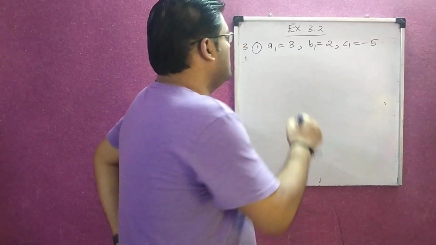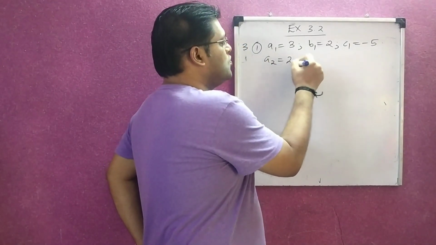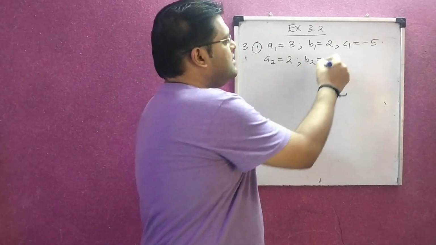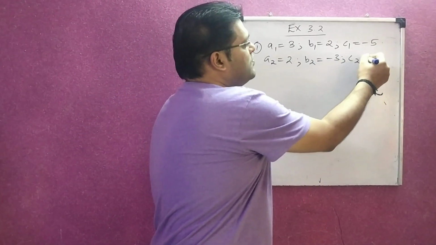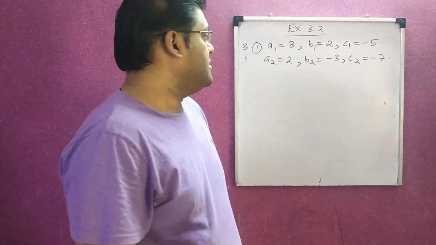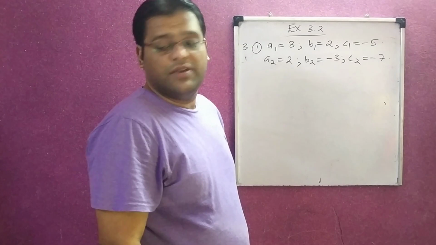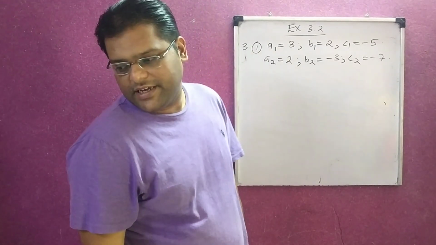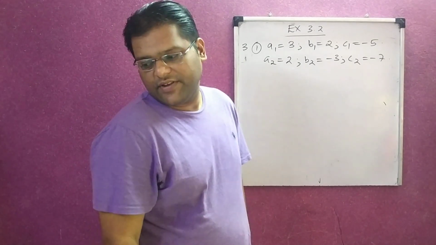Next, A2 is 2, B2 is minus 3 and C2 will be minus 7. Am I clear? So A1 3, B1 2, C1 minus 5, A2 2, B2 minus 3 and C2 minus 7. Right?